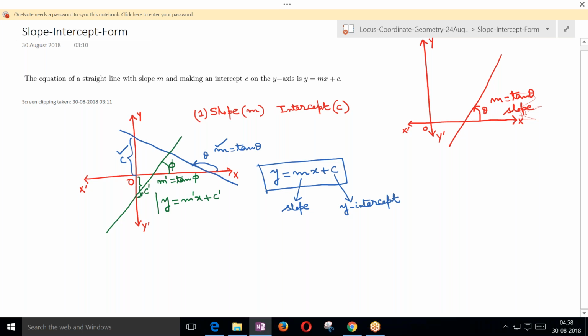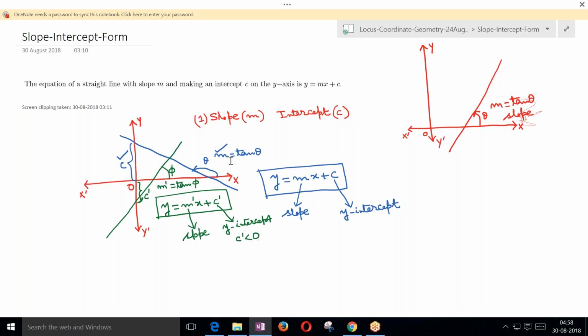So what we find is that m dash is the slope and c dash is the y-intercept. Here obviously c dash is less than 0 because it is below the x-axis. Now in the first case, the blue line, theta is an obtuse angle.